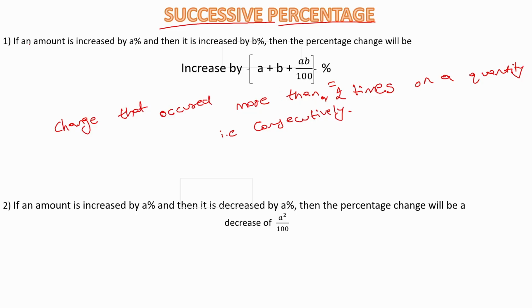So here I have given the formula for the successive percentage change. Look here. If an amount is increased by A% and then it is increased by B%, then the percentage change would be an increase by A plus B plus AB upon 100%. So let us consider an example.